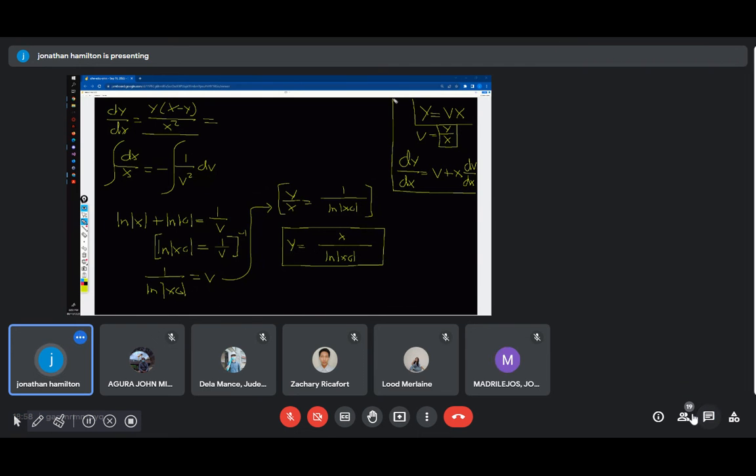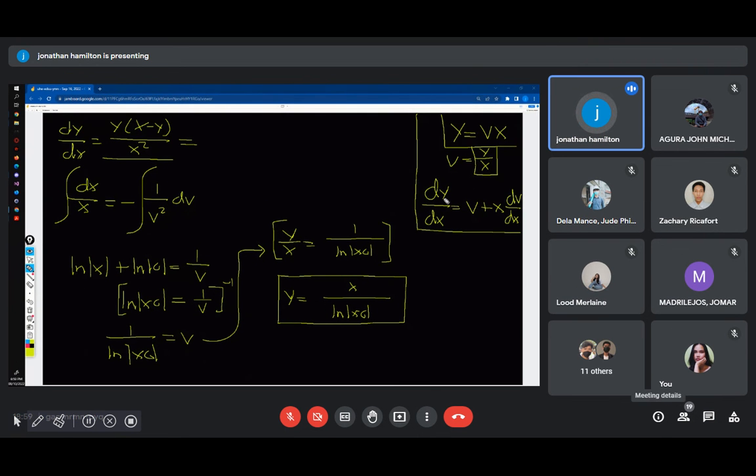Since it is constant, this value will not change. We base this on our equation for homogeneous only. Once we simplify this, you get the equation with separable variables. From there, you can proceed. After you proceed, substitute the value of v back to y over x, and then finalize the equation.